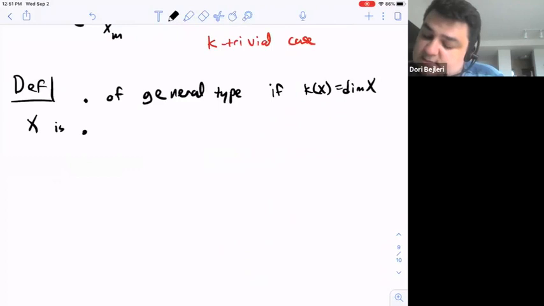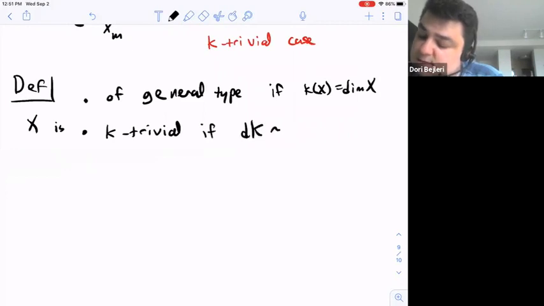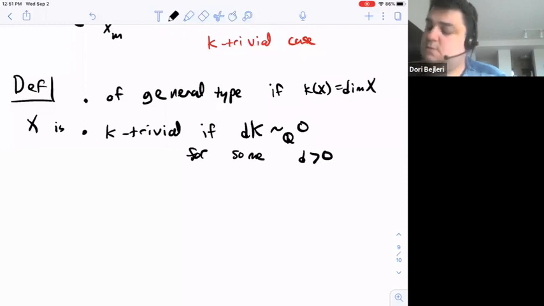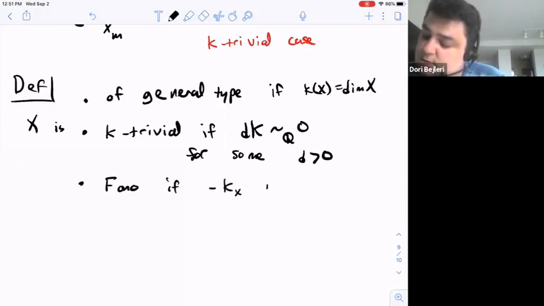We'll say that X is k-trivial if d times K is linearly equivalent to the 0 divisor for some d. And then we'll say that it's Fano, like we defined before, if minus K is ample.